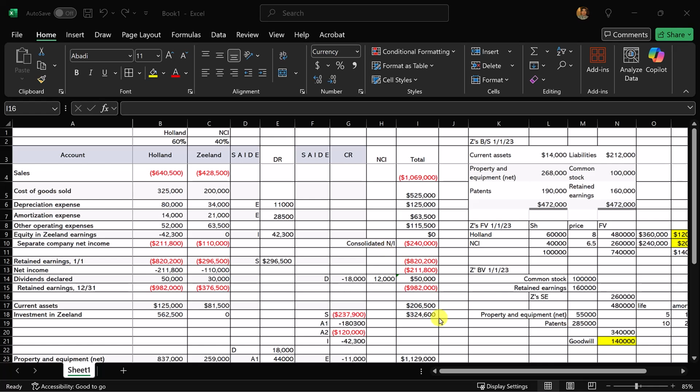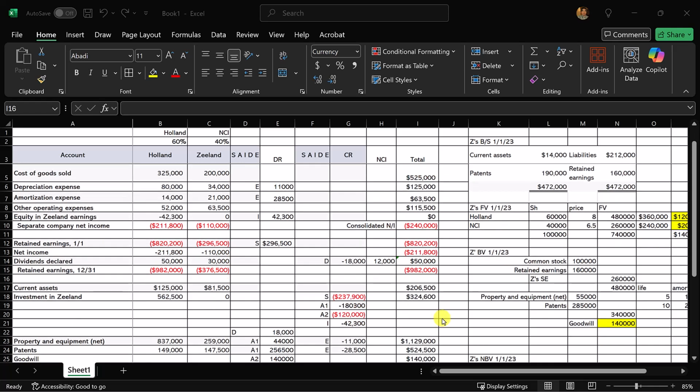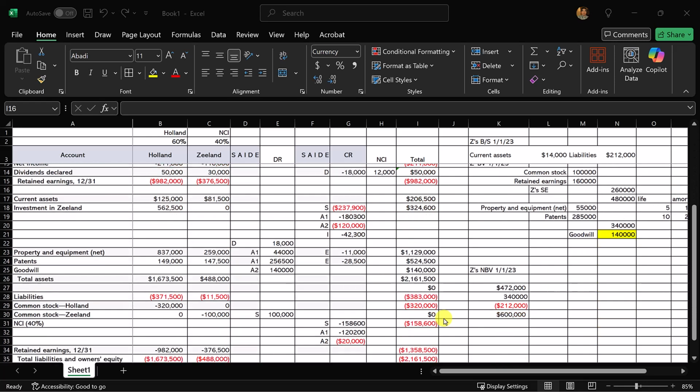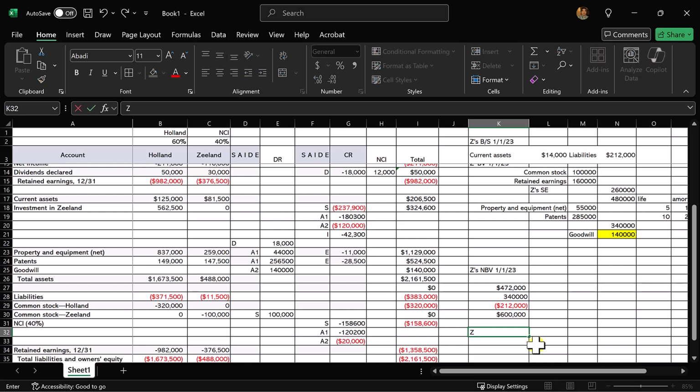So we're told here in chapter 4 to set up really another calculation. So let me do it over here. I want to get the sub's net income, Zealand's net income, because 40% of this goes to the non-controlling interest.